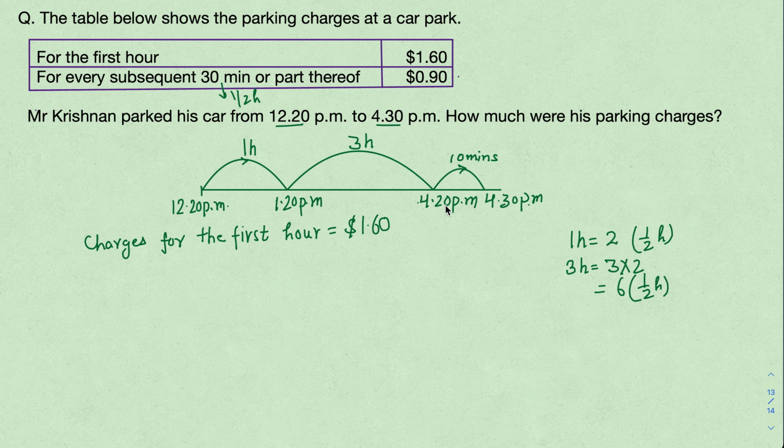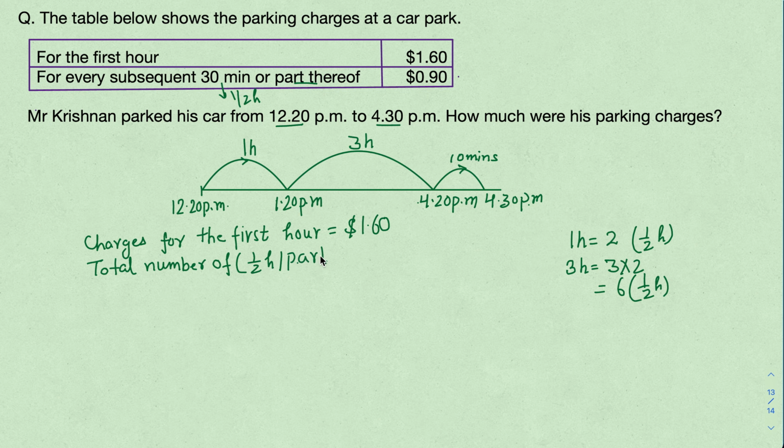Now how about from 4:20 to 4:30? Although the time he parked his car from 4:20 to 4:30 is only 10 minutes, since it is part thereof, he still needs to pay another 90 cents. So let's find out the total number of half hours or part thereof.